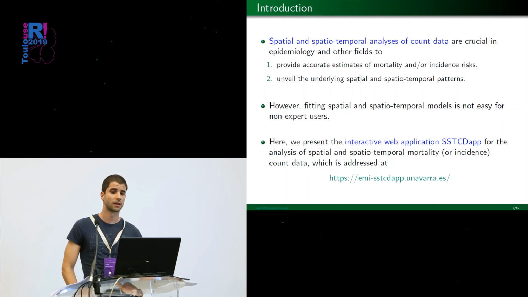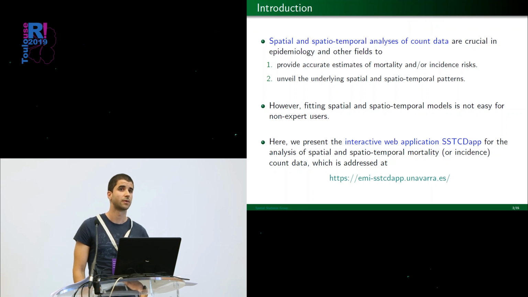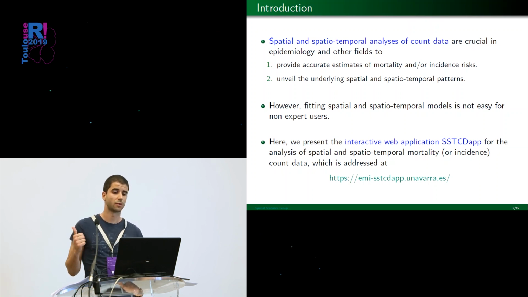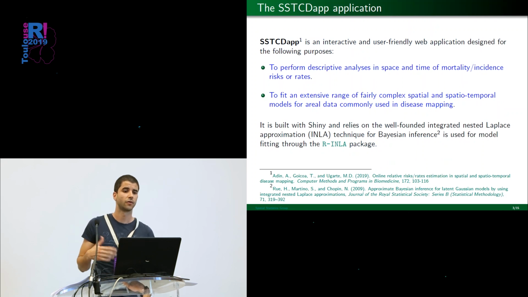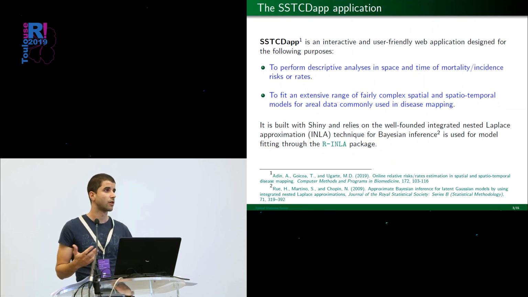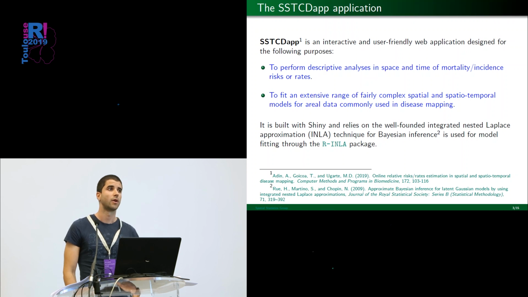However, fitting these models could not be easy for non-expert users. So here, I am going to present an interactive web application named SSTCDR, which has been designed for two main purposes: to perform descriptive analysis in space and time of mortality or incidence risks and rates, and to fit an extensive range of fairly complex spatial and spatiotemporal models for areal data commonly used in disease mapping.